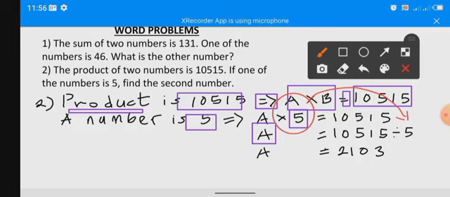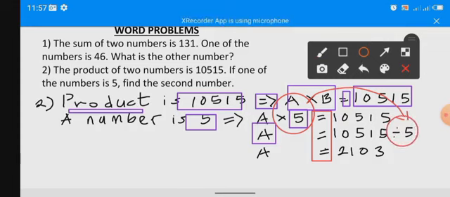Now what happens to times 5? I told you whenever a value crosses this equality sign, the sign of the value will change. So multiplication will now change, times 5 will now change to divided by 5.